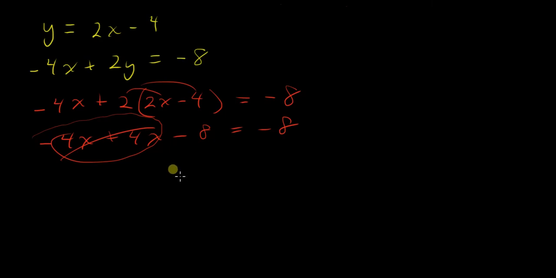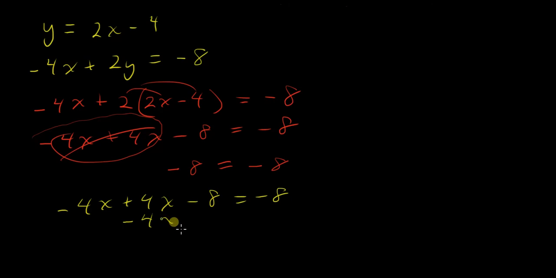Okay, so that's a little weird if you haven't seen it before. And I just get left with a true statement. In fact, if I hadn't crossed this out, let me go back to what we had. What if I had said, okay, I'm going to add 4x to both sides.